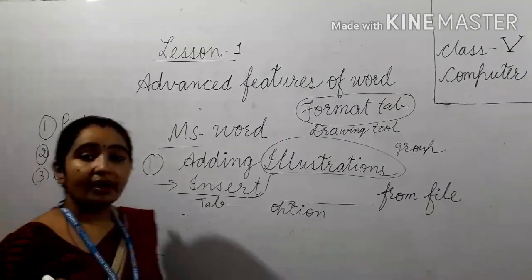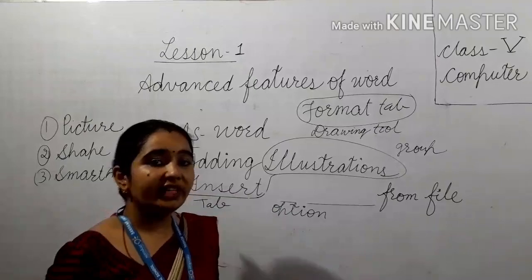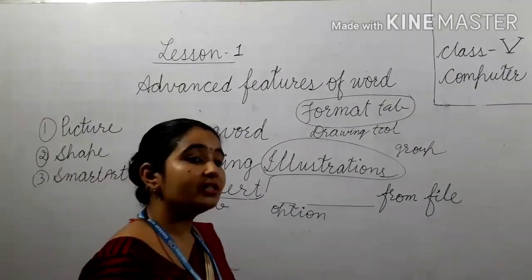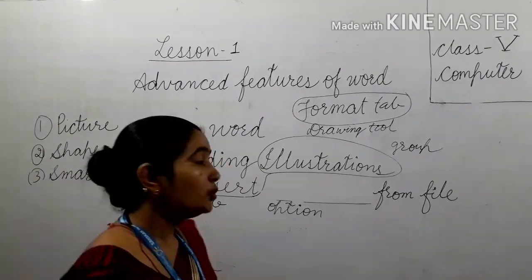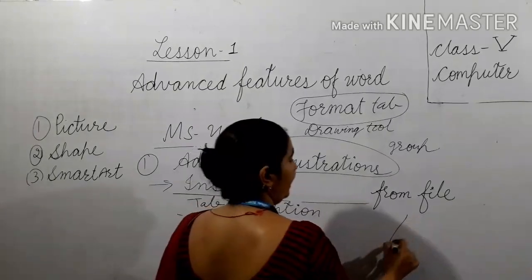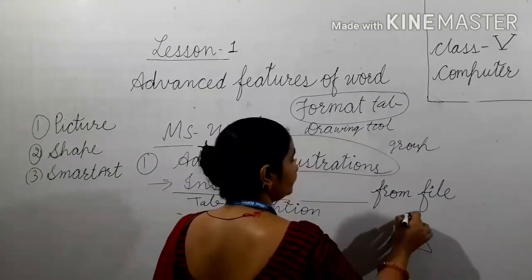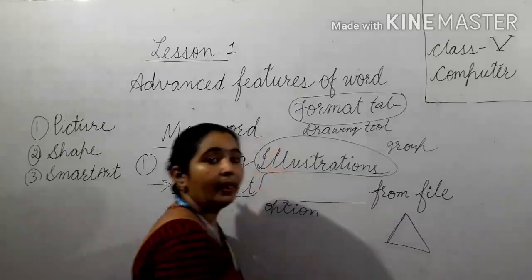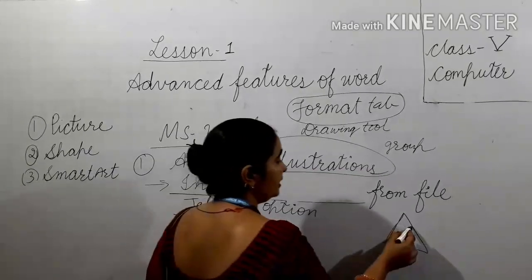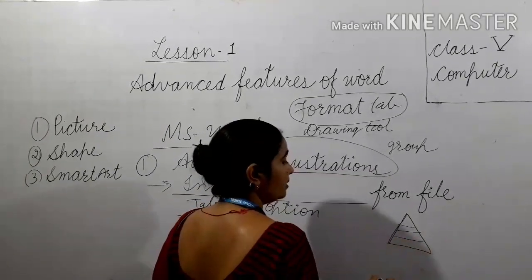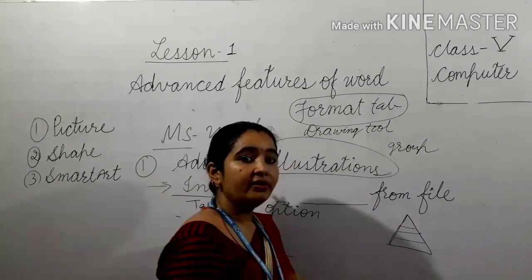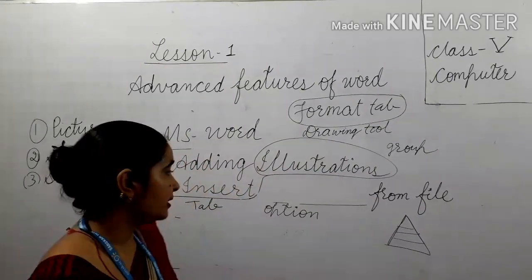Smart art are the different shapes which we can use to write formulas, to make the family tree or the food chart. You will get the facility to write in these boxes among the shapes of the smart art graphics.